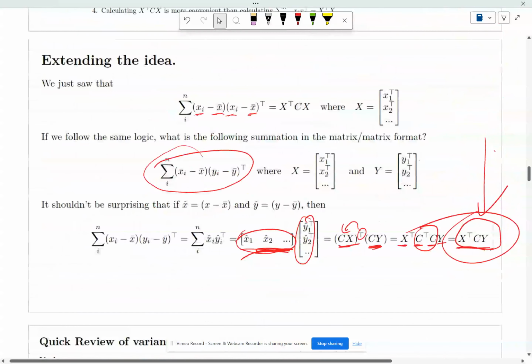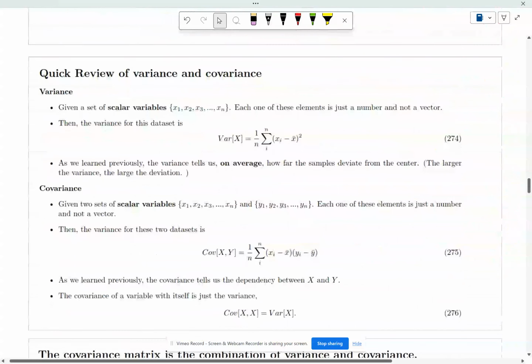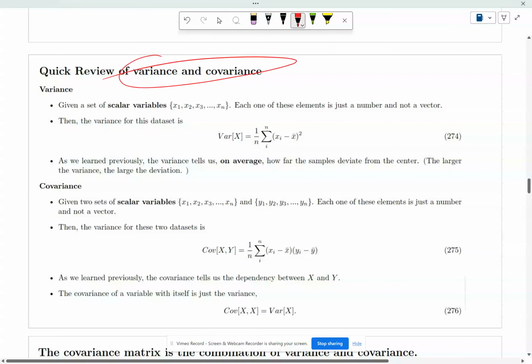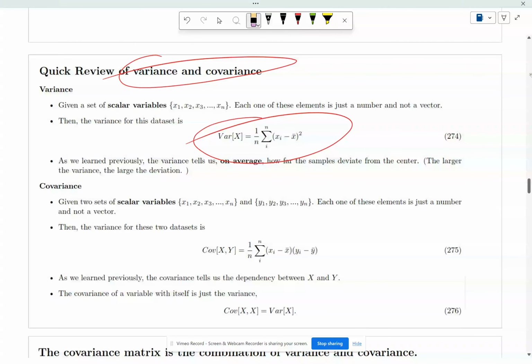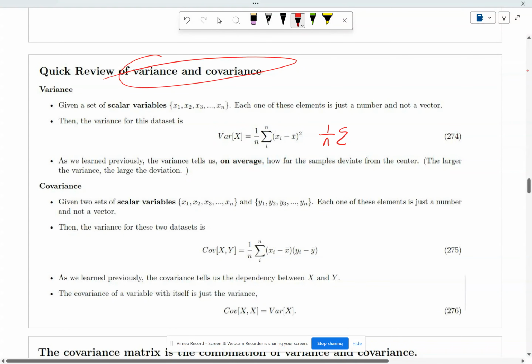So now that we covered these basic ideas, let's go over the concept of variance and covariance again. Now, the concept of variance is just this equation. And guess what? This equation right here can be written this way. If you look at this, there are a lot of similarities between covariance and all the math we just did.